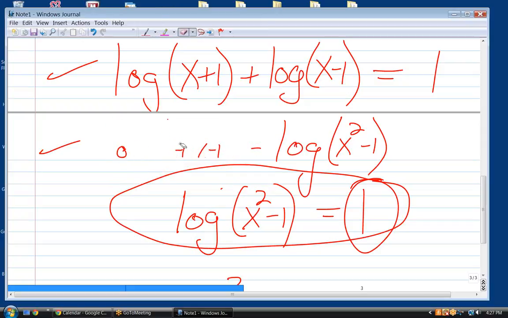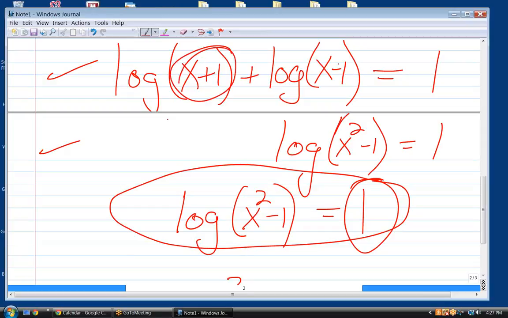If I say this leads to this, and that's equal to 1, and now I go back and stick in plus or minus root 11, I don't violate the domain at all because I square it, and it becomes positive regardless. However, we are violating the domain because we have to plug it into this equation here. And the moment you plug in the minus root 11, you violate both that and that. So only the plus root 11.